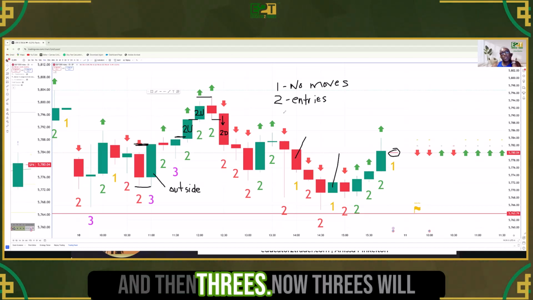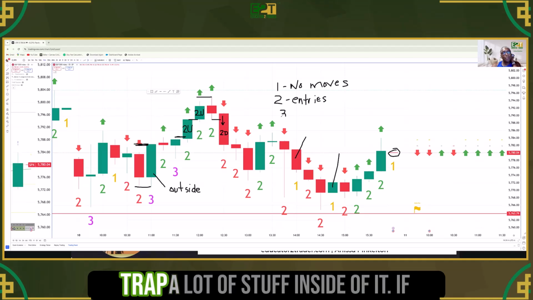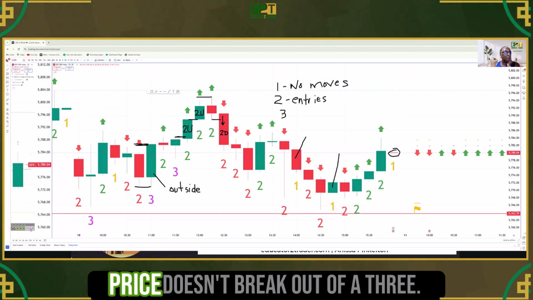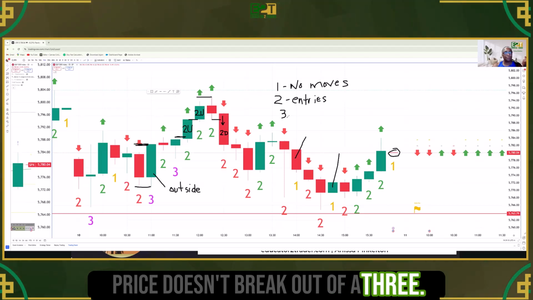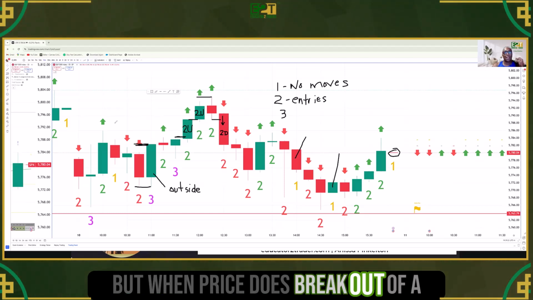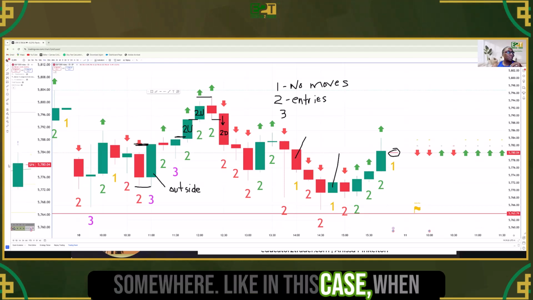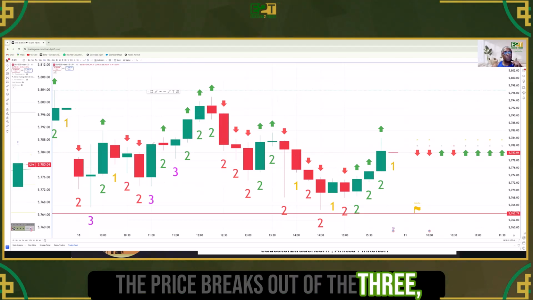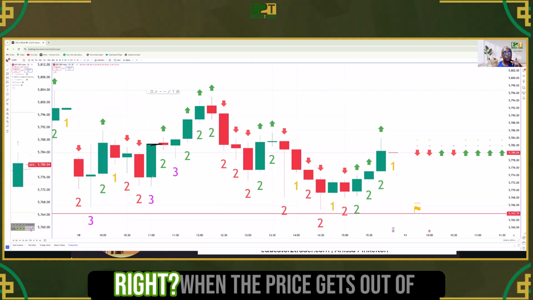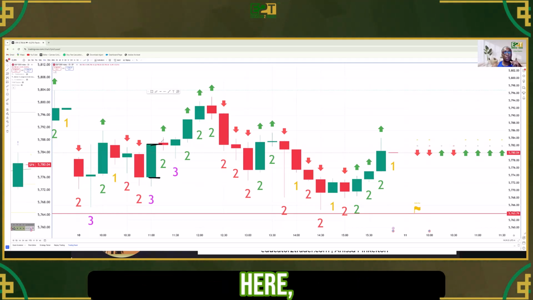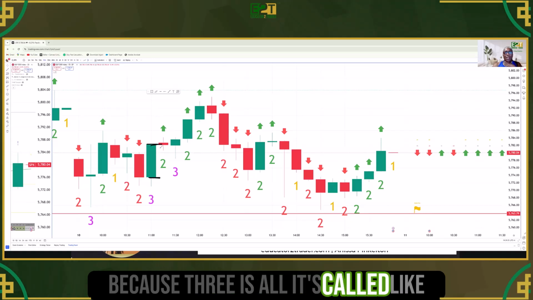And then 3s. Now, 3s will trap a lot of stuff inside of it if price doesn't break out of a 3. But when price does break out of a 3, it's going somewhere. Like in this case, when the price breaks out of a 3, right? When the price gets out of here, because a 3 is like a mother bar.